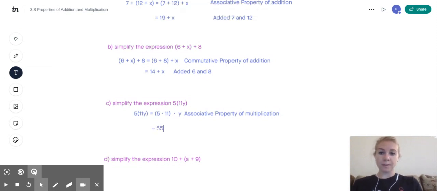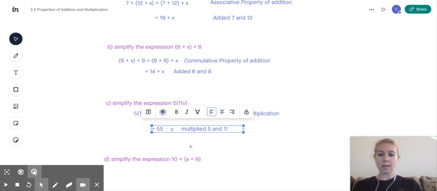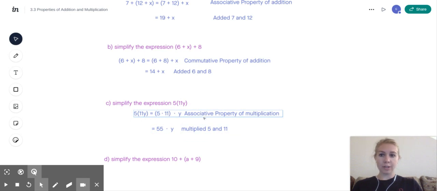I know that's 55. And then it'd be times y. And what do we do for that step? We multiplied 5 and 11. Okay, so there's our answer, 55 times y, and we used the associative property.